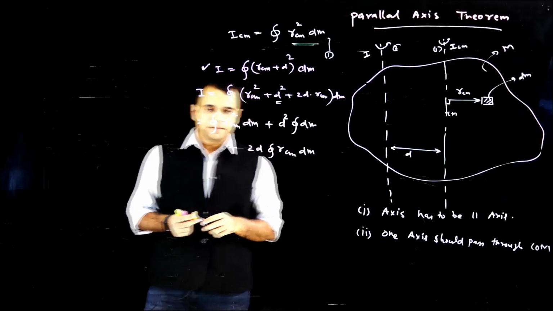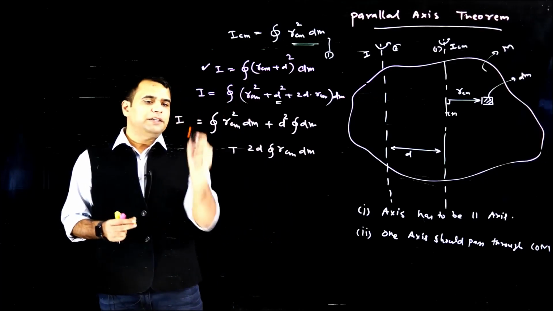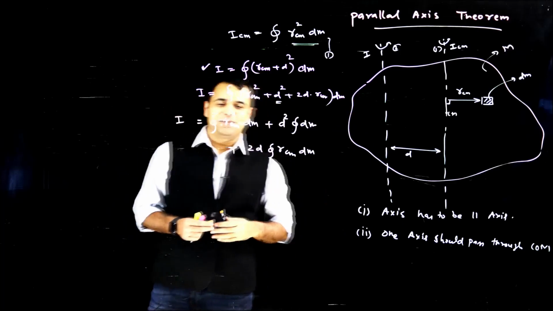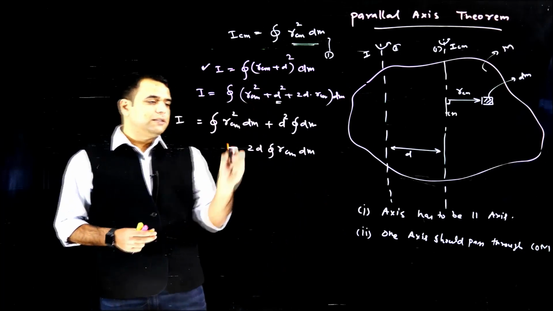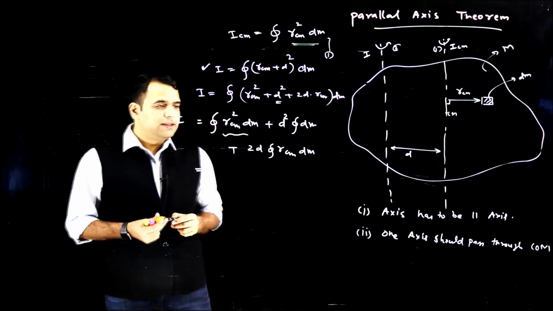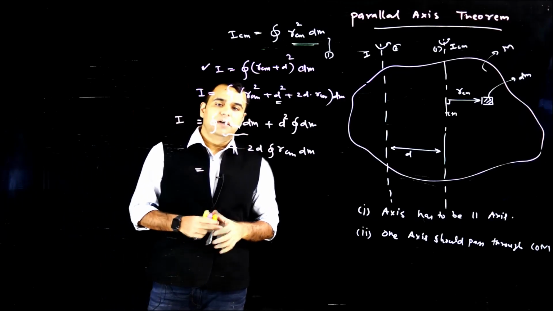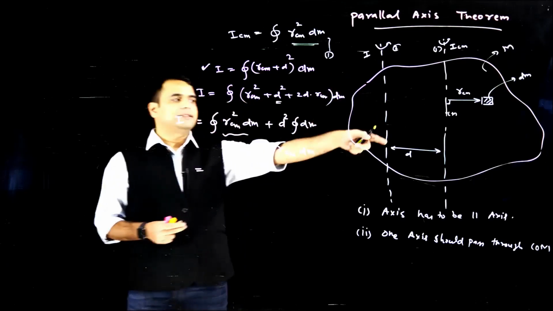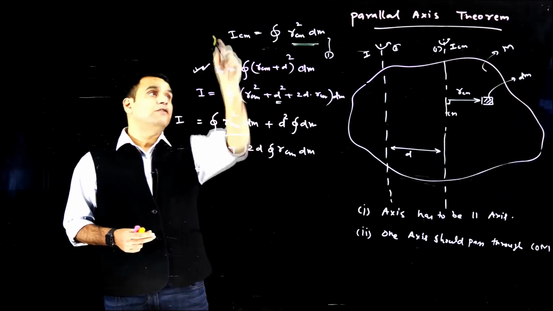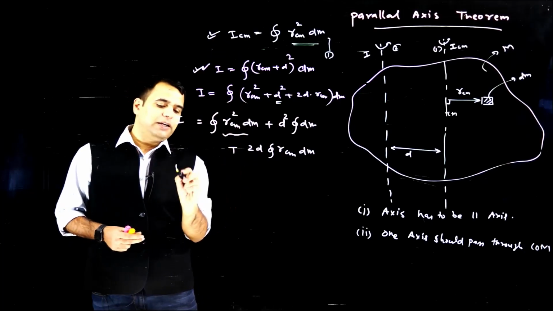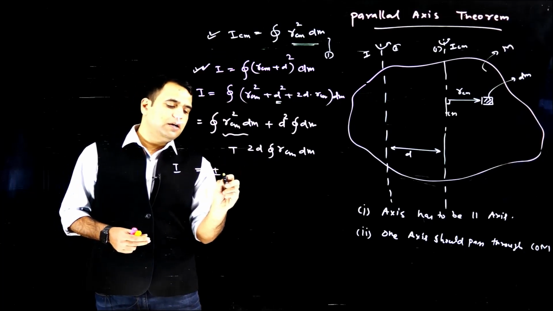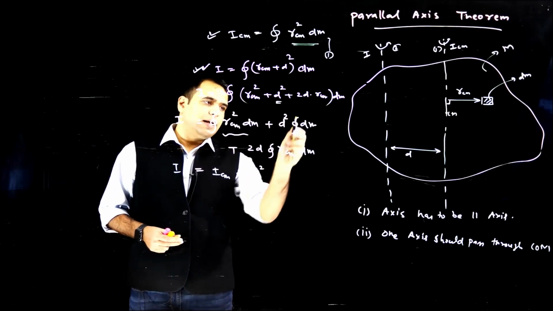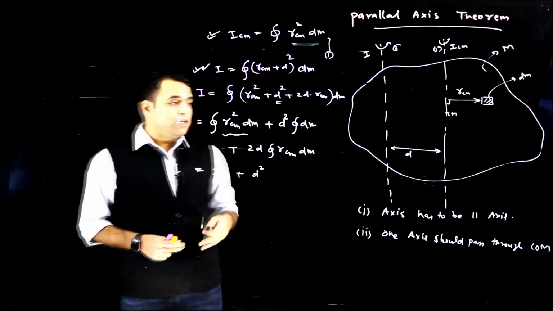Okay. So this becomes the moment of inertia for the whole body about this axis, which is not passing through the center of mass. Now you see this. This is R_CM squared dm. This is nothing but the moment of inertia for the same body about the axis which is passing through the center of mass. From this formula, you can replace this value. So I will be equal to I_CM plus d squared integration of dm.